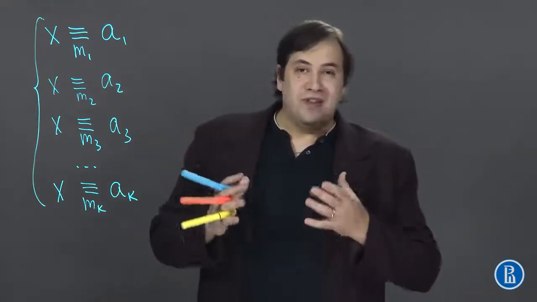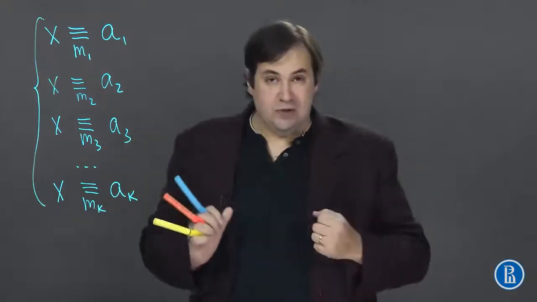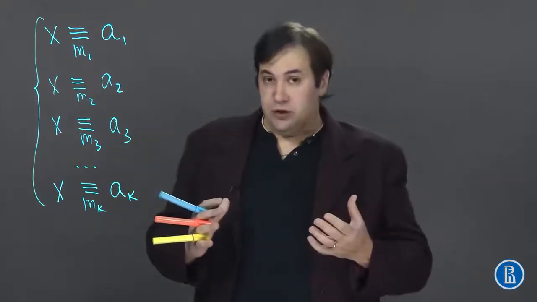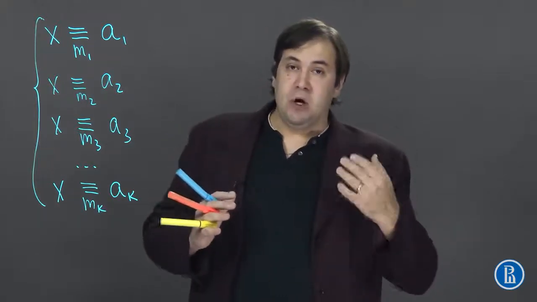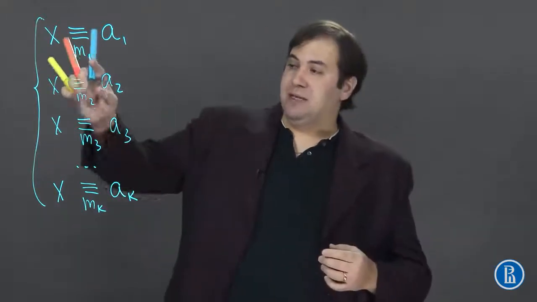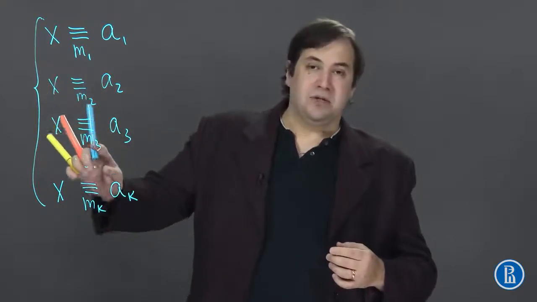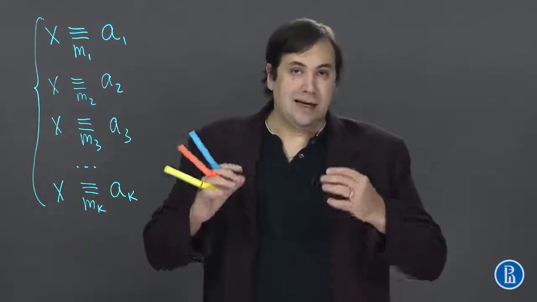We wish to prove that such a system of congruences has a solution, and this solution is unique modulo m1 multiplied by m2 multiplied by m3 and so on multiplied by mk.